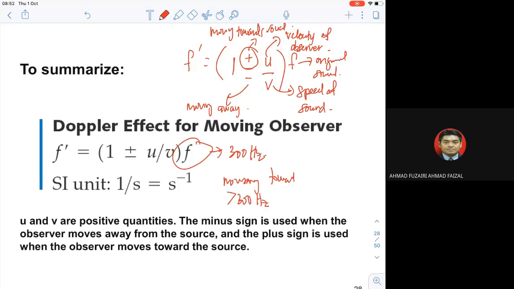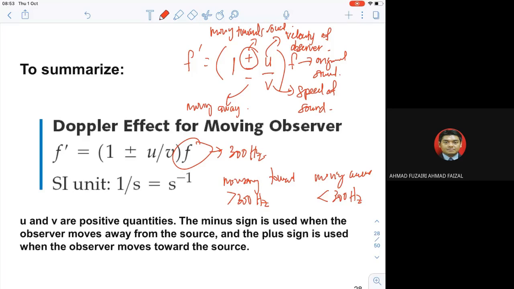Definitely the value should be higher than 300 hertz if f is 300. But if moving away, it should be less than 300 hertz. Why? Because it is moving away, getting far. The distance is increased, and of course it will affect the frequency of the observer.